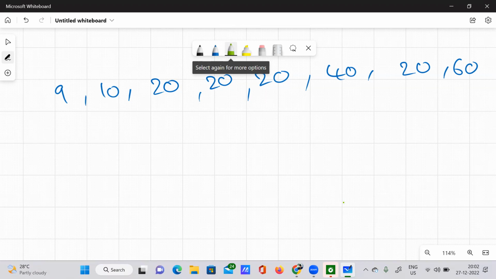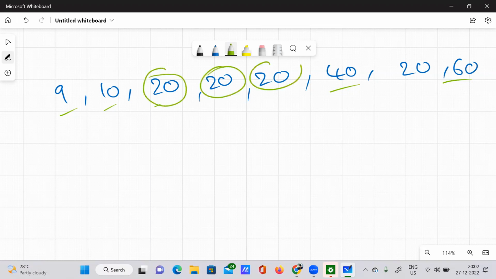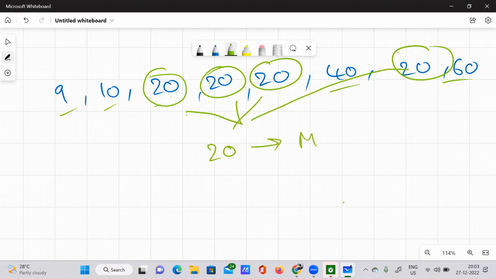Out of 9, 10, 20, 40, 60, one particular number has been repeated several times. In total, how many times? 1, 2, 3, 4. So this is the most repeated value, and you can definitely say that 20 is the mode in this example.